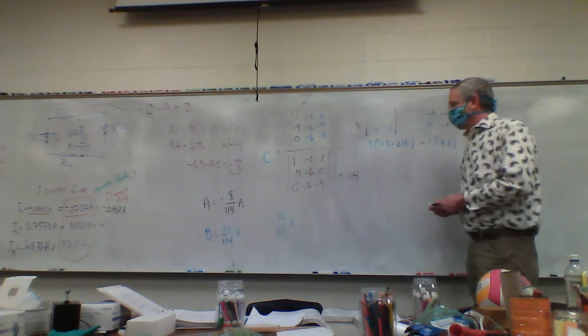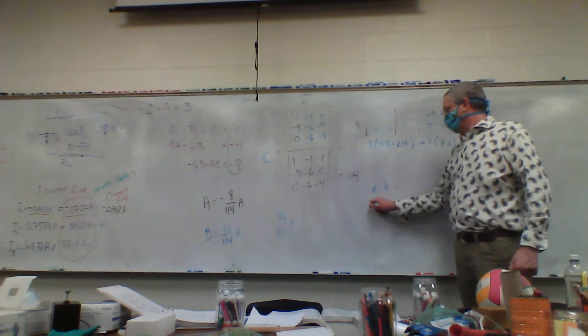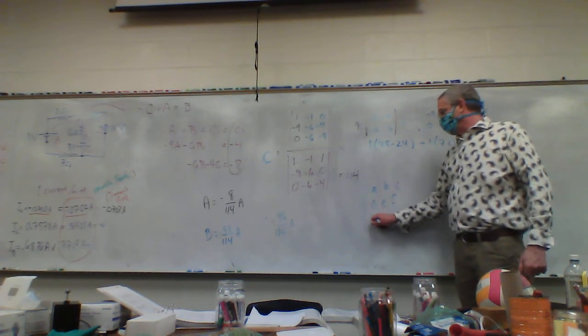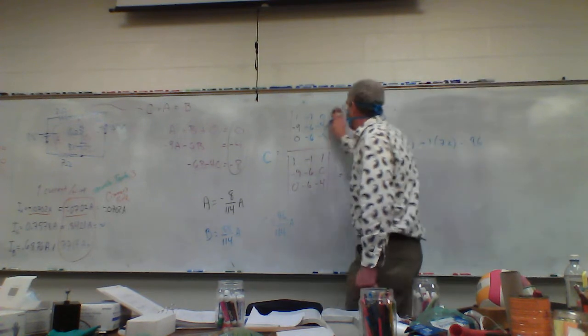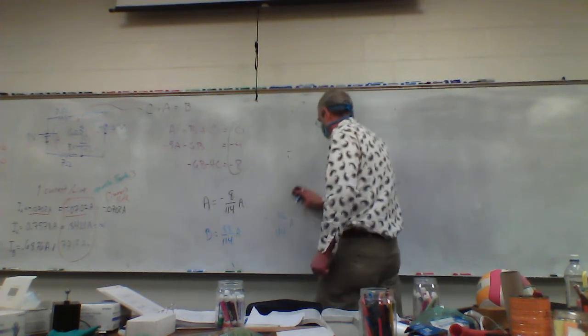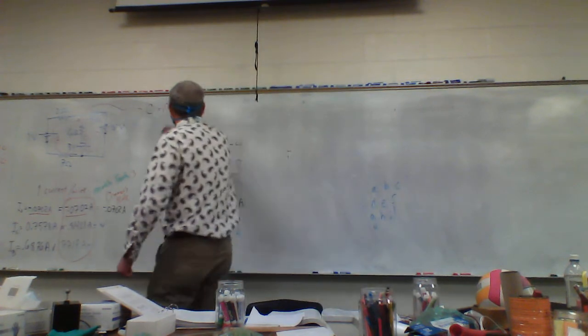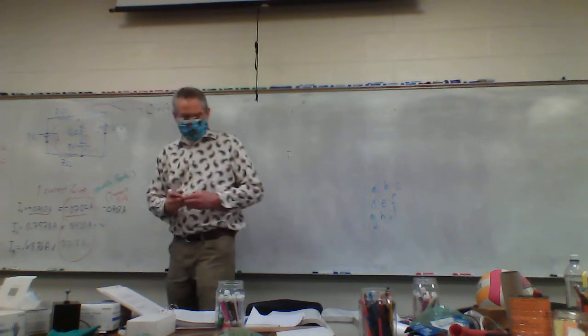All right, so let's just do a generic 3x3. A, B, C, D, E, F, G, H, I. Actually, I'm going to give myself some more room here, so let's erase some stuff.